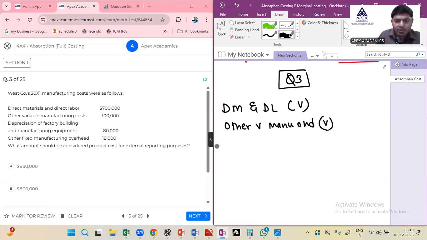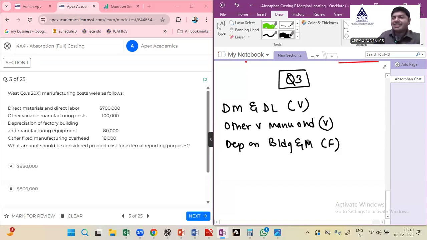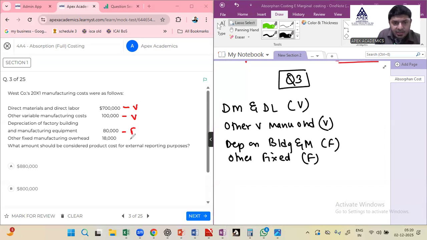Then I take into consideration my depreciation on building of factory and manufacturing equipment, which is my fixed nature manufacturing cost, and then I have with me other fixed manufacturing overheads. So all of these items that I see are either variable or fixed nature of manufacturing overheads nonetheless.